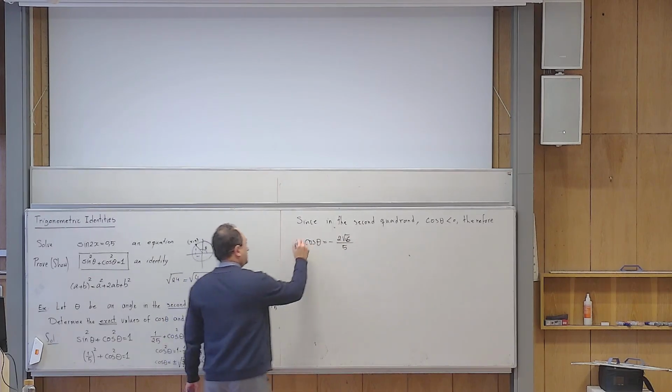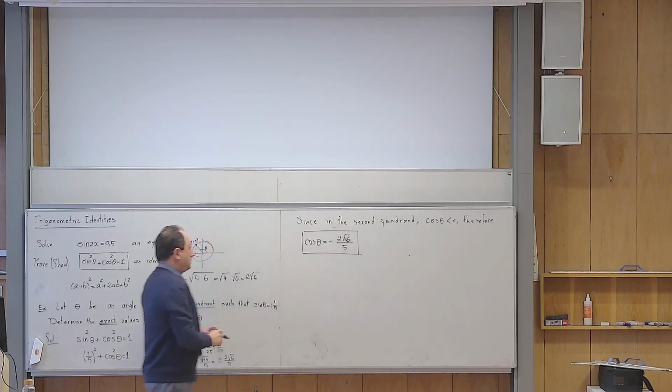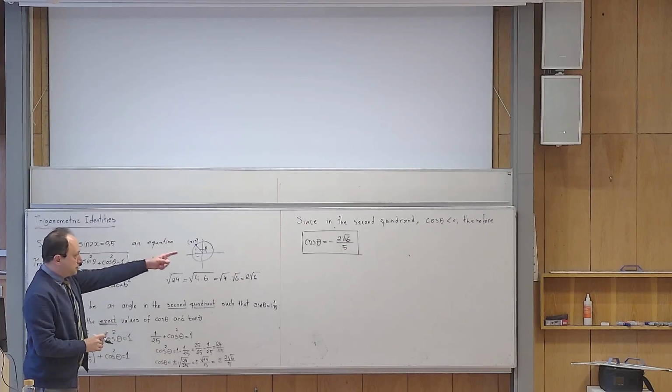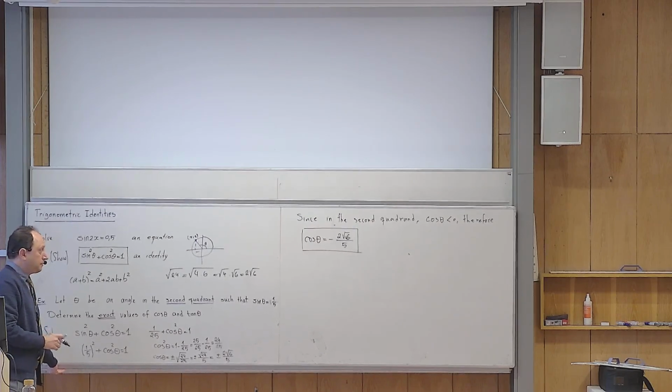So this is the exact value for cosine. If you use the method that I told you, you will get a number which is approximately equal to this one number. But because the exact value is wanted, using the calculator is not possible.